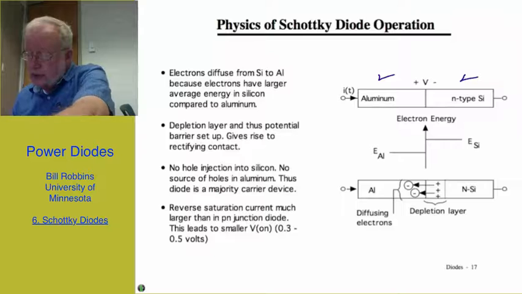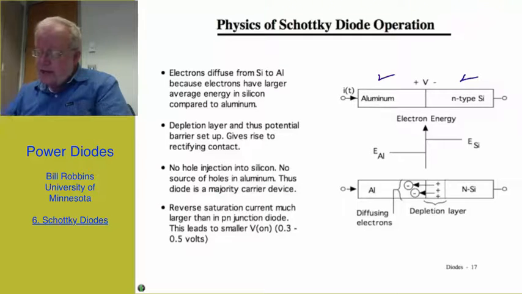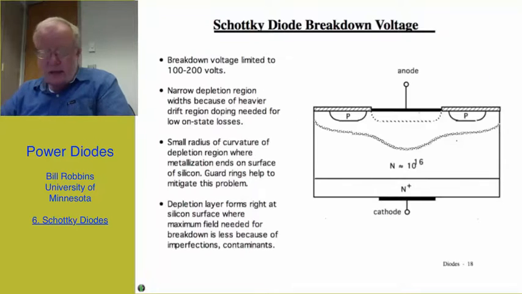The breakdown voltage in a Schottky device can be estimated by modeling the interface as a step p-n junction and applying the same formulas.